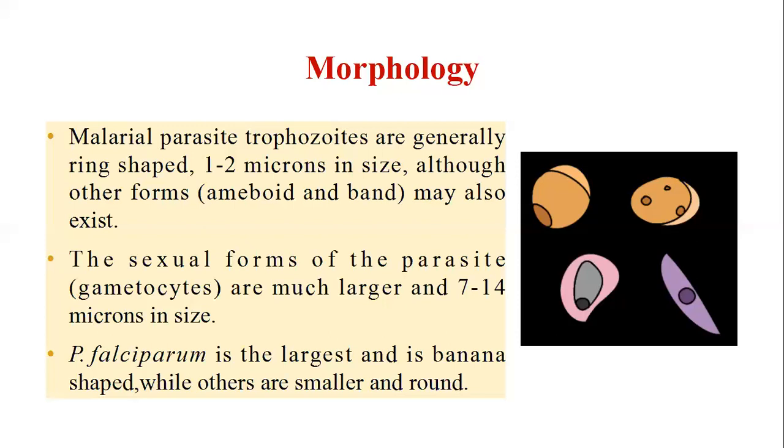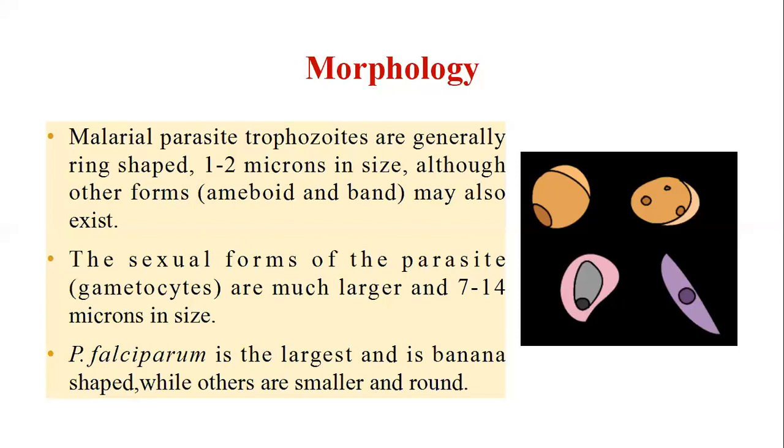This picture shows a set of different types of Plasmodium species. This one, which is the longest and banana-shaped, is Plasmodium falciparum, and the others are relatively smaller and round-shaped: Plasmodium ovale, malariae, and vivax.